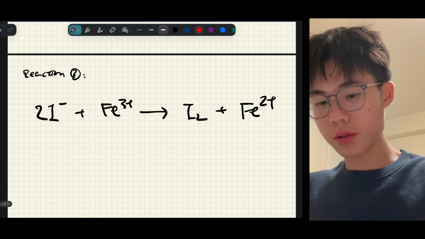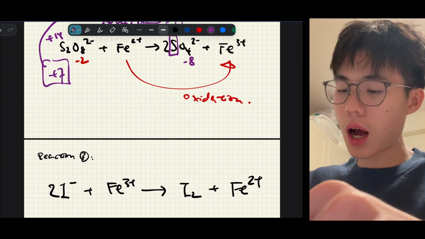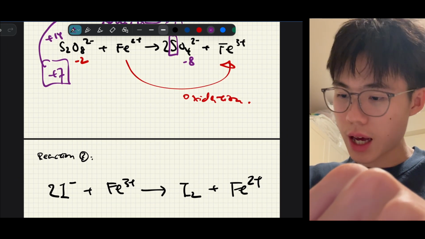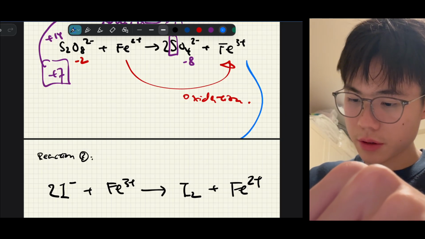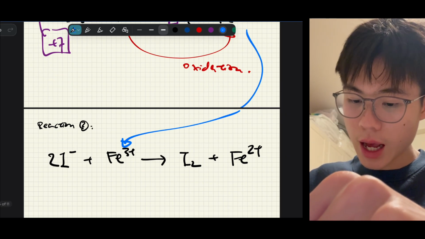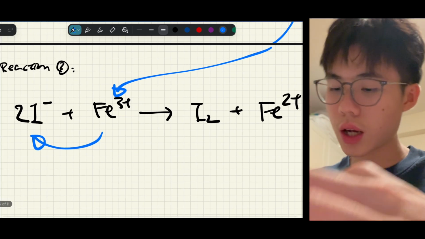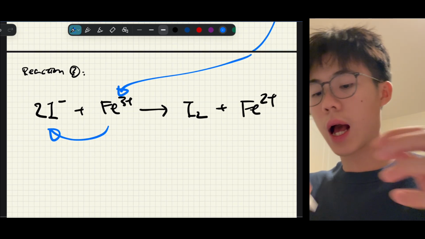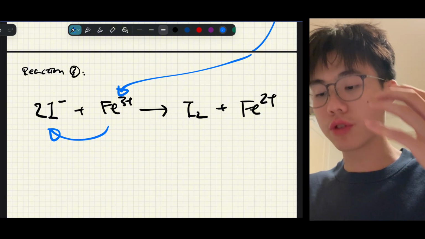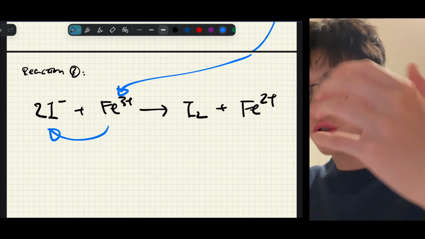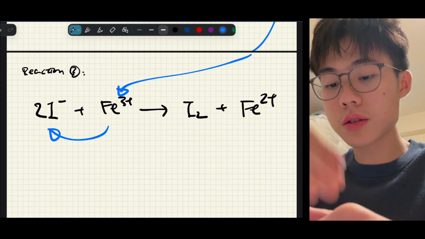In the next reaction, the Fe3+ produced from the sulfur reaction reacts with iodide ions, and iodide ions undergo oxidation, and iron ions undergo reduction, as you can see from the charges they have before and after this reaction.